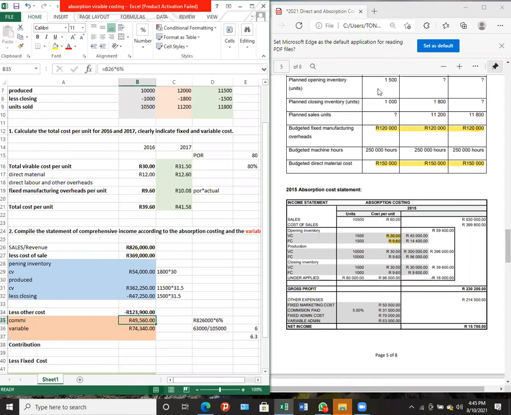We don't calculate it how we calculated it previously, like the variable cost of 6 rand.